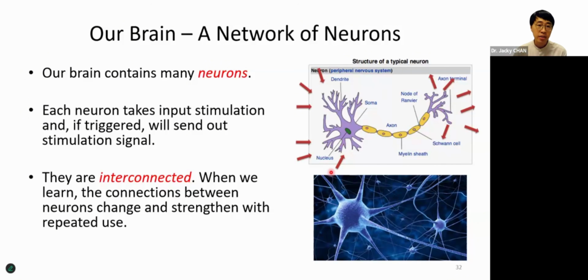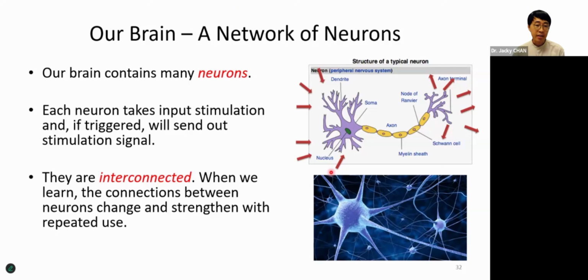What does it mean? It means that the outputs of a neuron will become the input of another neuron, and so it forms a network. The strength of the connection depends on experience and use.